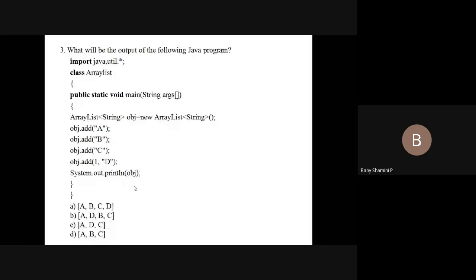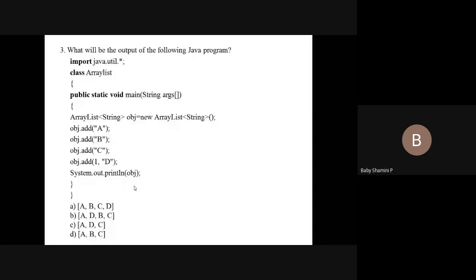What will be the output of the following program? Here we are going to add strings into the array list. So what is the output? obj.add of a. So first it adds a. Again it adds string b. Again it adds string c.